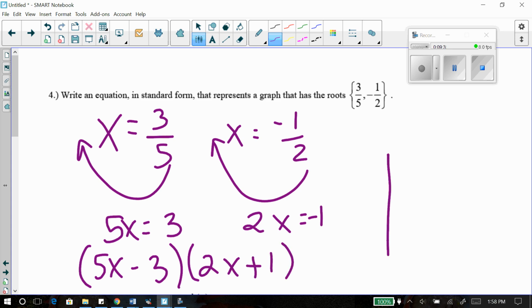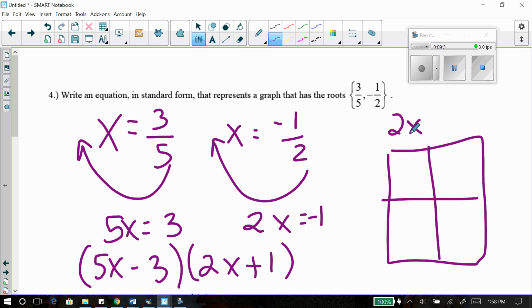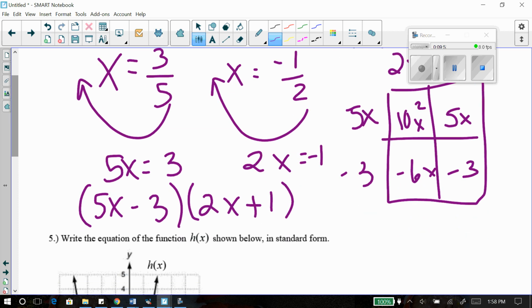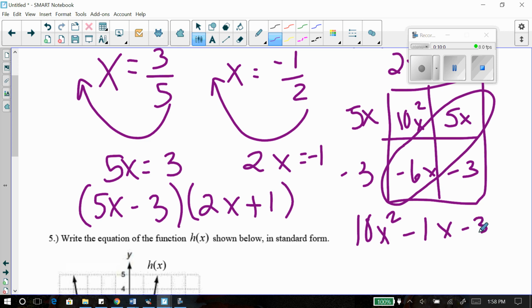Go ahead and do your box. 5x minus 3. So we get 10x squared, 5x, -6x, -3. So my equation becomes 10x squared minus 1x minus 3 is 0.